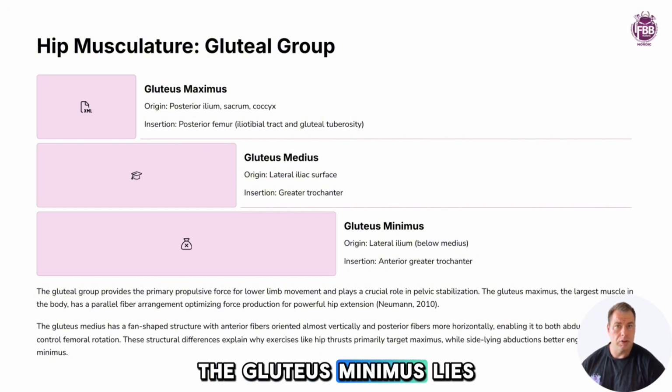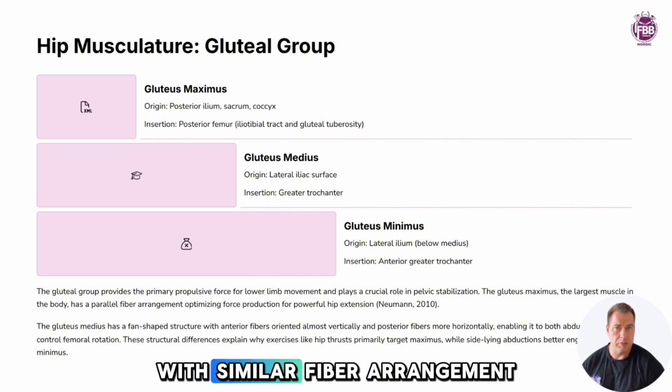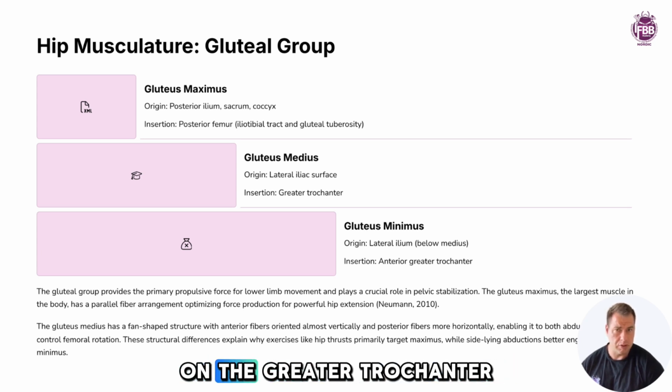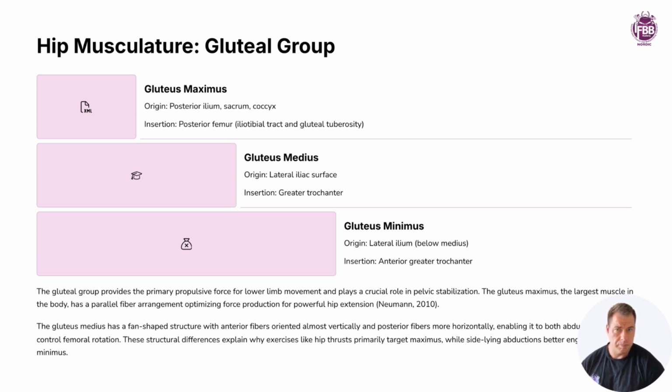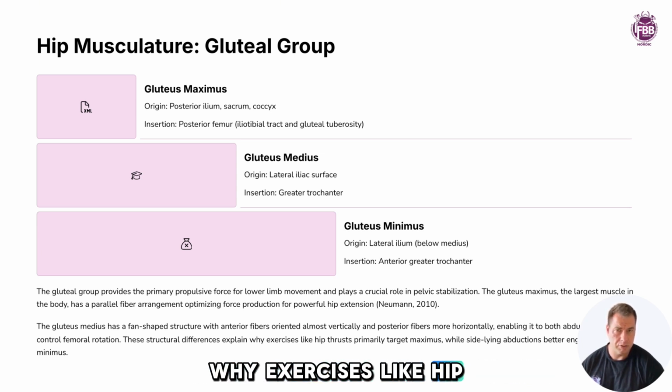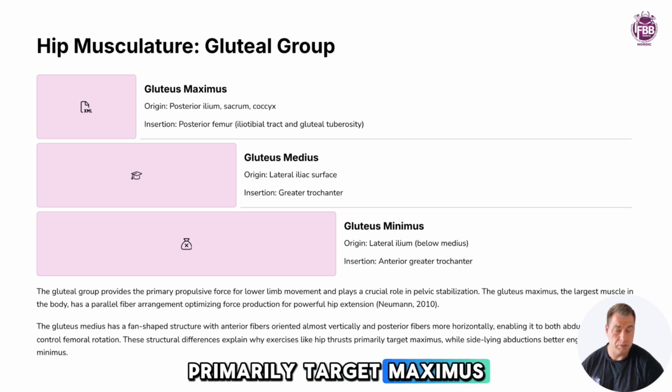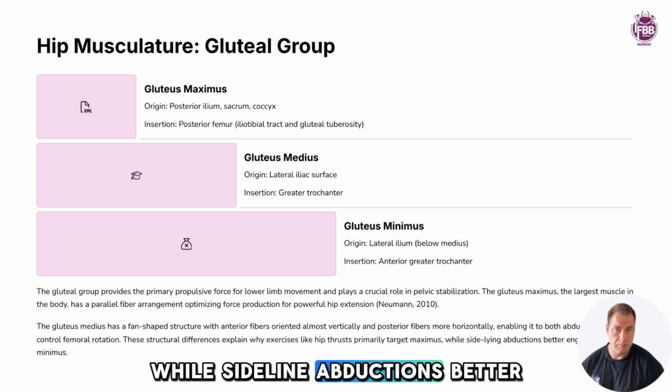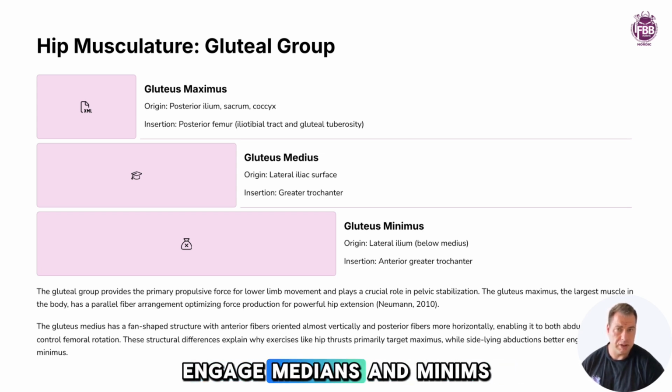The gluteus minimus lies beneath the medius with similar fiber arrangement but attaches more anteriorly on the greater trochanter. These structural differences explain why exercises like hip thrusts primarily target the maximus, while side-lying abductions better engage the medius and minimus.